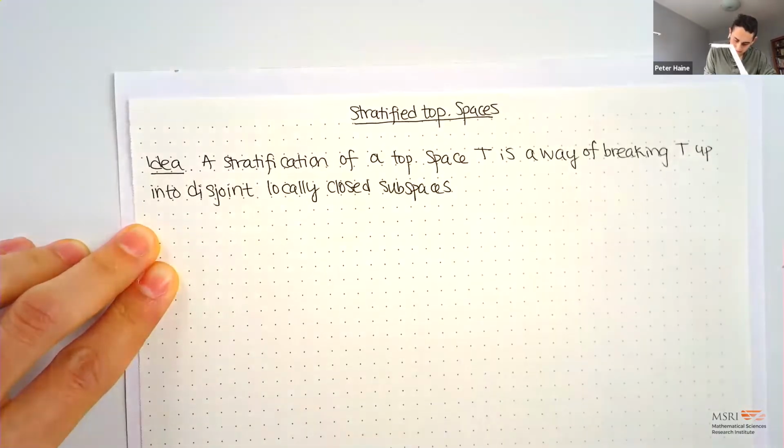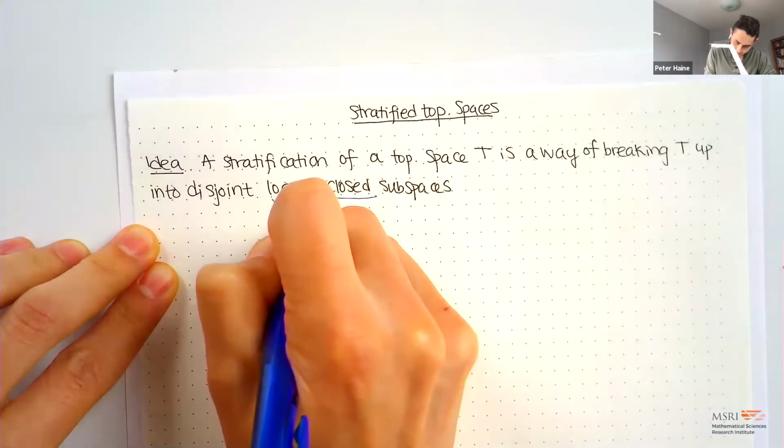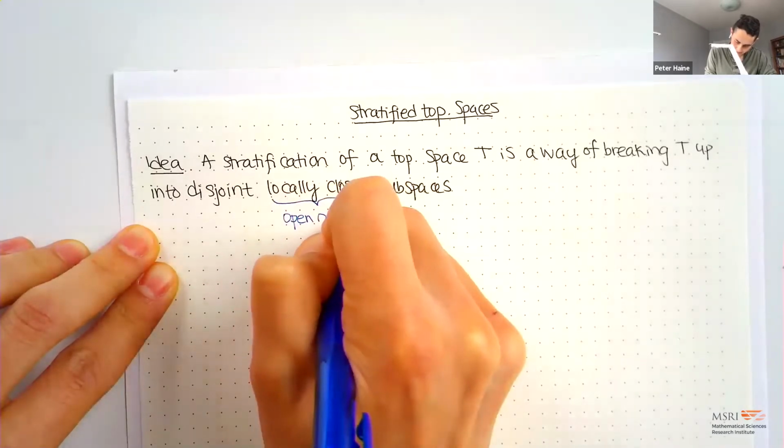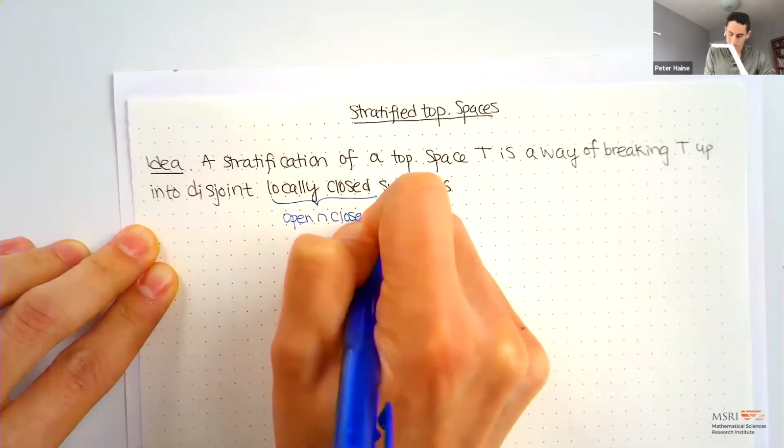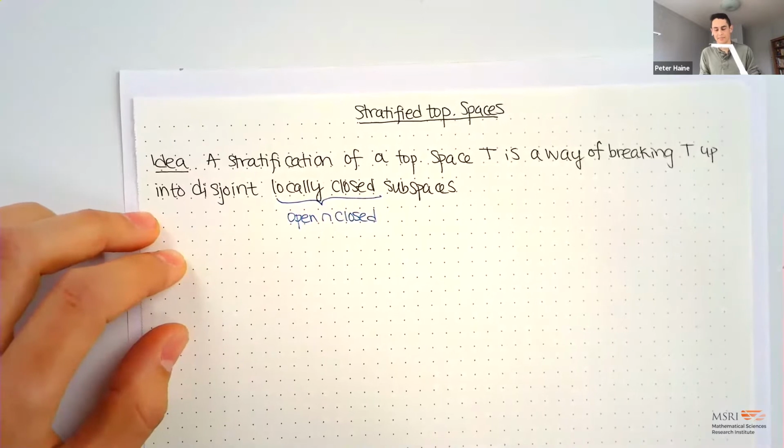Remember, locally closed means that you're the intersection of an open set with a closed set. So you're closed in an open set or open in a closed set.